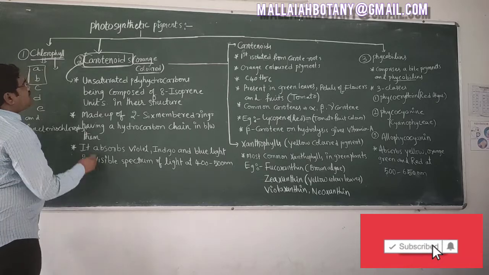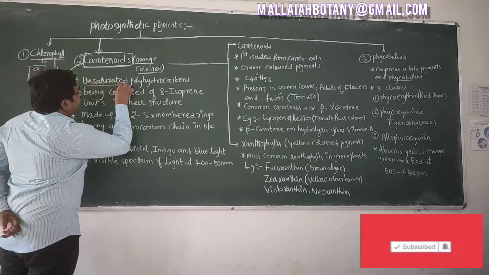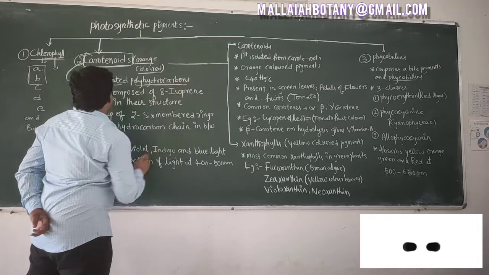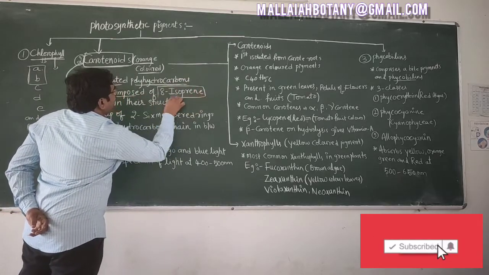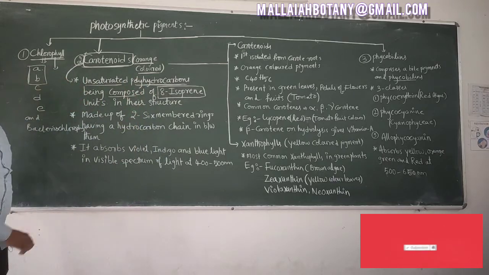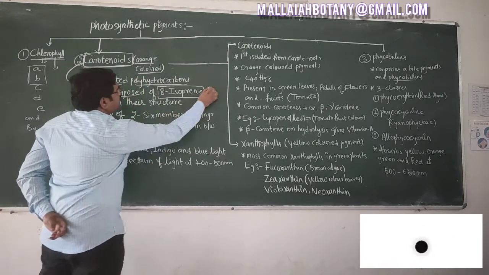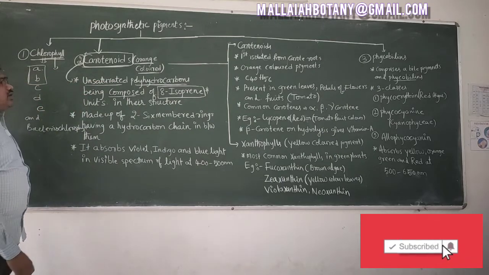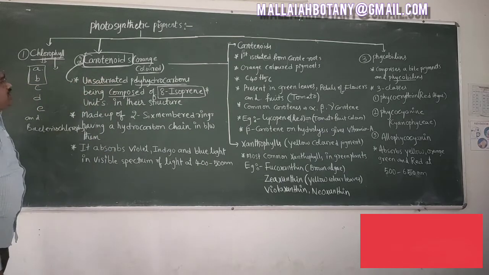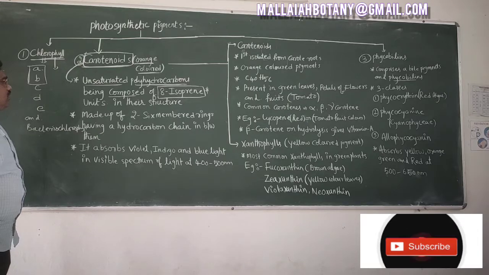The carotenoids are unsaturated polyhydrocarbons composed of 8 isoprene units in their structure. This is the most important point: 8 isoprene units are present in the carotenoid structure.